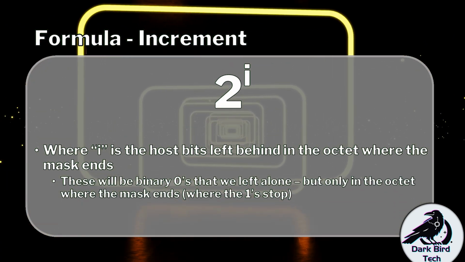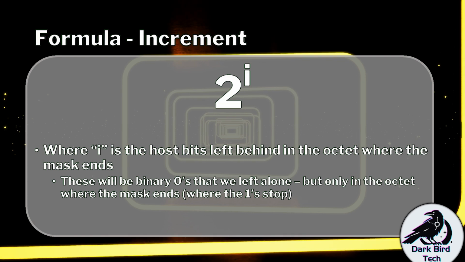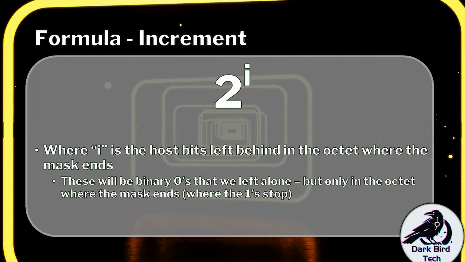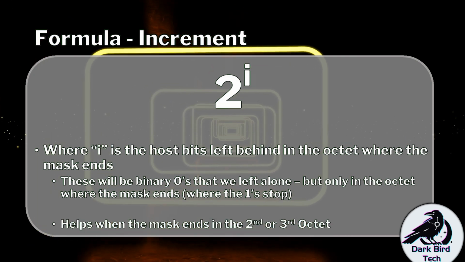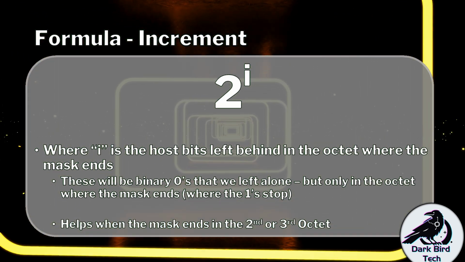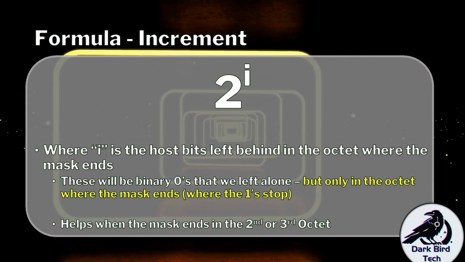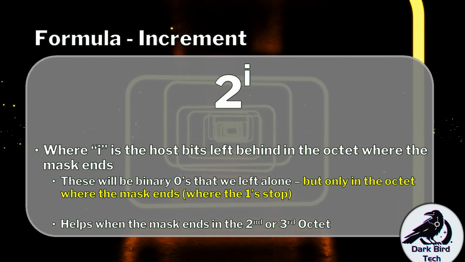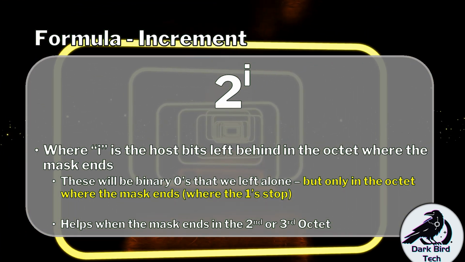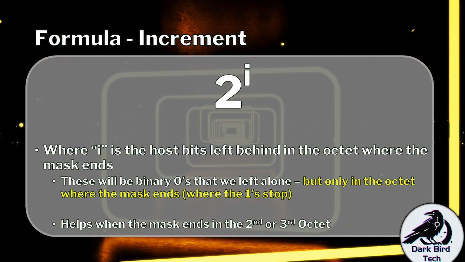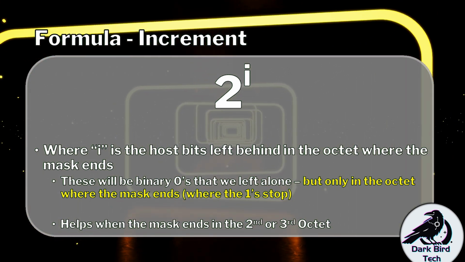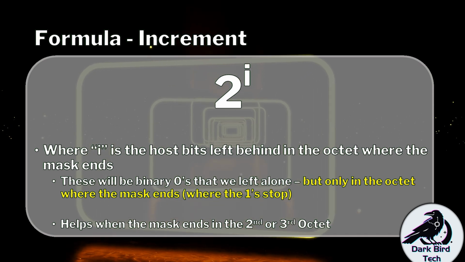These will be the binary zeros that we left alone, but it's only in the octet where the mask ends, or where the binary 1 stops. And this is going to be very important with the second and third octets. But big emphasis is it's going to stop counting the binary zeros in the octet where the mask ends. It's not going to flow into the next octet. You'll see what I mean when we work our way through an example.